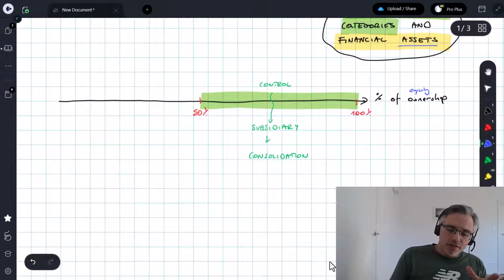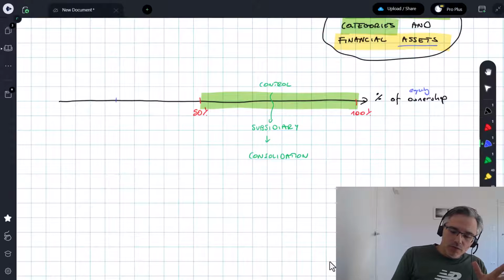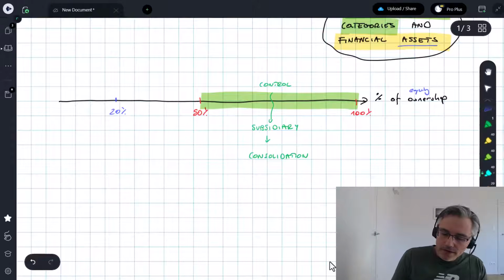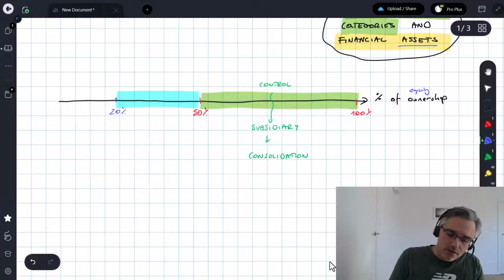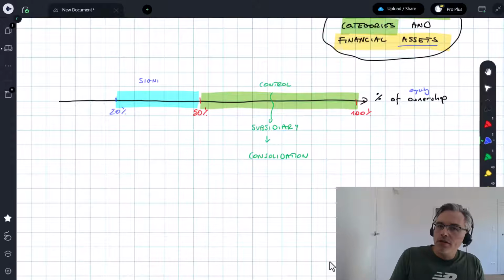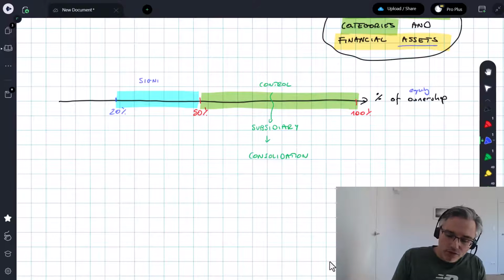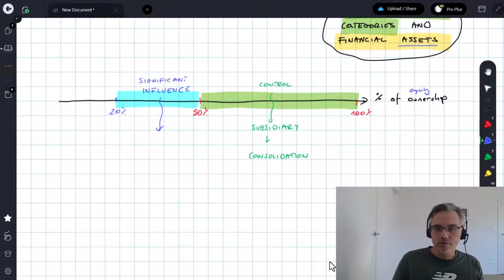Before we even get to the videos on consolidation, we will talk about what happens when you own between 20 and 50% of somebody else's equity, so shares, because the assumption is that you are exercising not control, but what's called in accounting significant influence, which is obviously less powerful than control, but it's still substantial, still important.